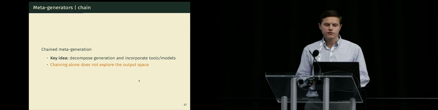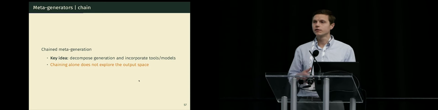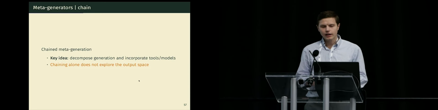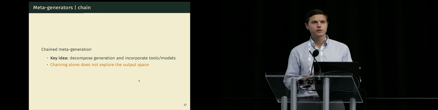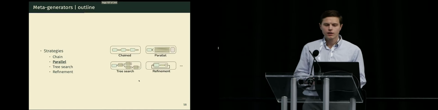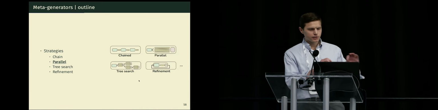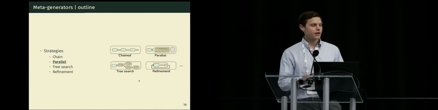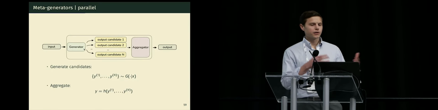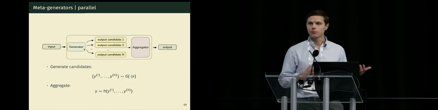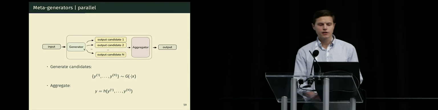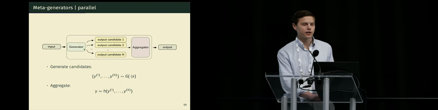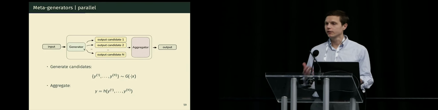Okay, so chaining gives you this really natural way of decomposing generation and incorporating calls to external functions or external tools or models. But if you think about it, if you just run one of these chains once, then it's not really exploring the space of possible outputs. And so that motivates the next meta-generation pattern that I'll talk about, which is called parallel generation.